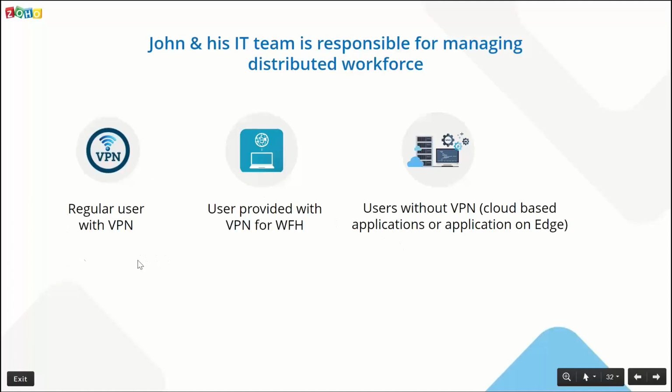Regular VPN users, users who are part of the local office but have to configure and connect to VPN after work from home, and users who are hosted on cloud or edge. So John and his team would now have to cater to these users apart from managing the endpoints available at office. Let's analyze how to handle such users.